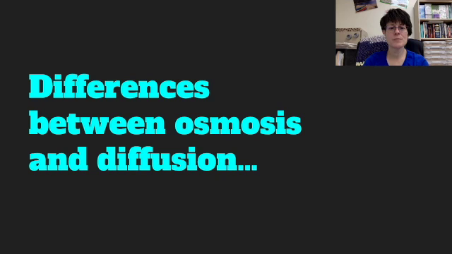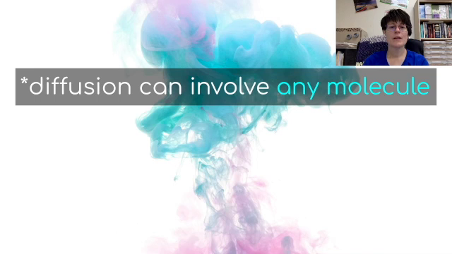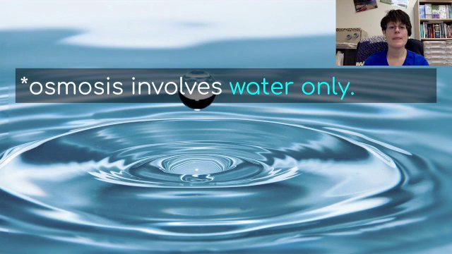So, some differences between osmosis and diffusion. First, diffusion can involve any molecule whatsoever. Ammonia, the stinky chemical from skunks, anything, food coloring, all kinds of things.